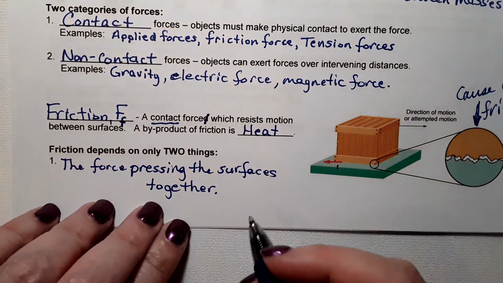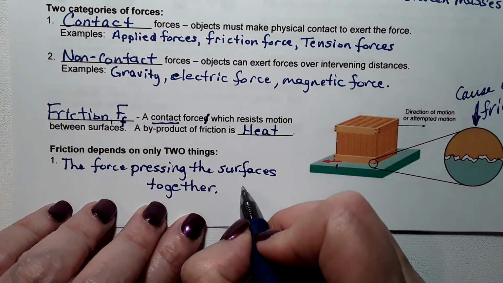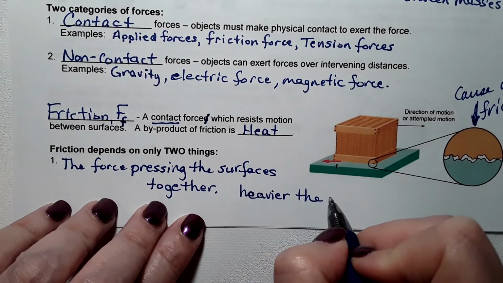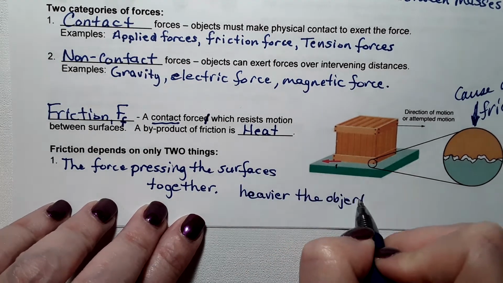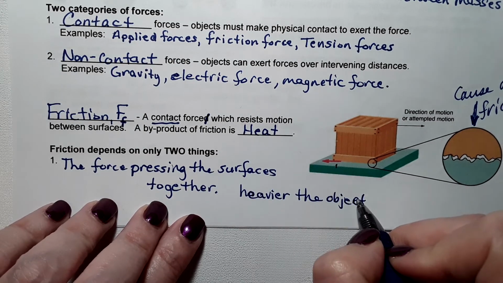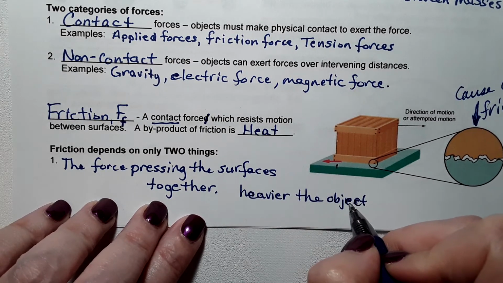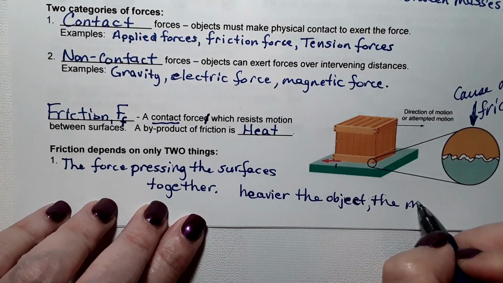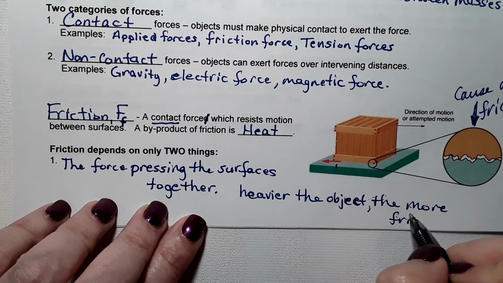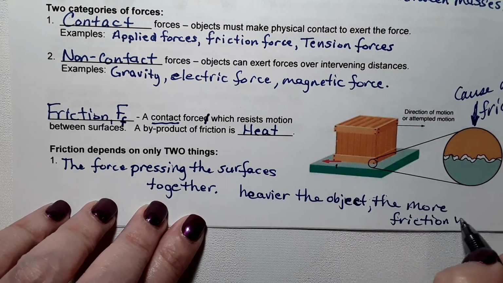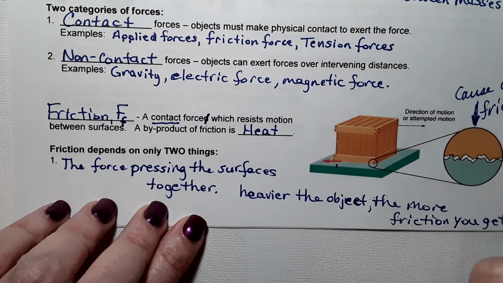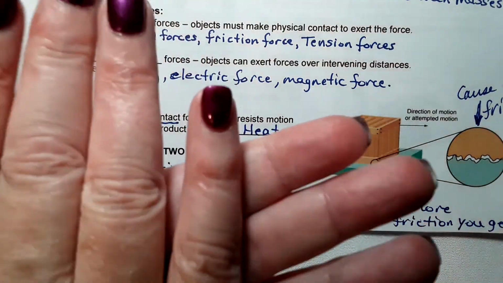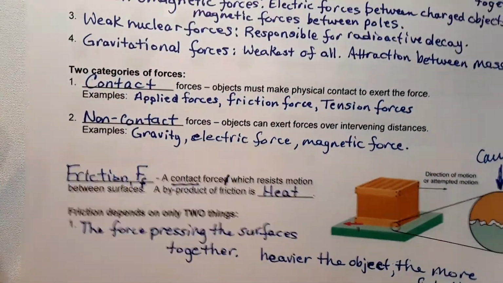In fact, the heavier the object, the more friction you will have. Or the more friction you get. So the heavier the object, the more friction you get, because a heavier object pushes the surfaces together more.